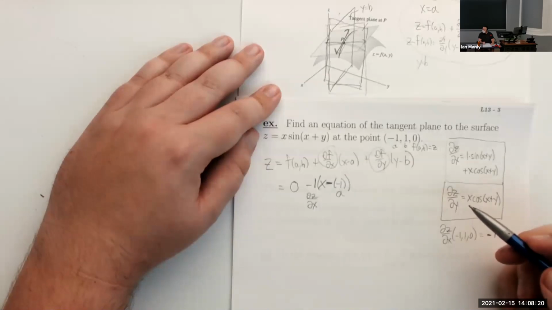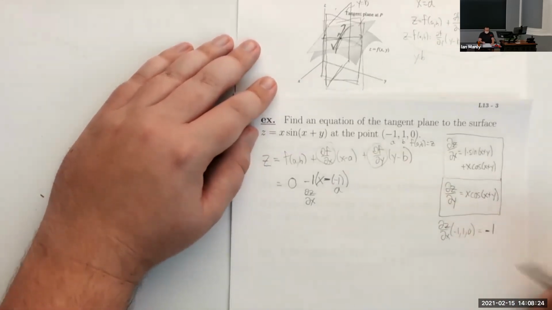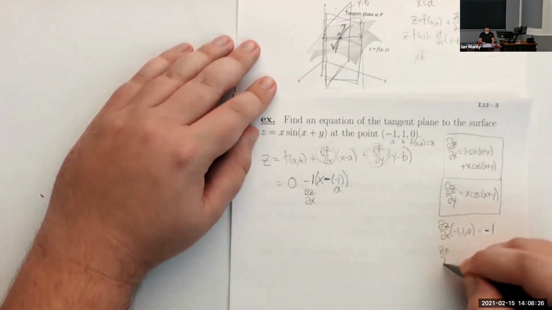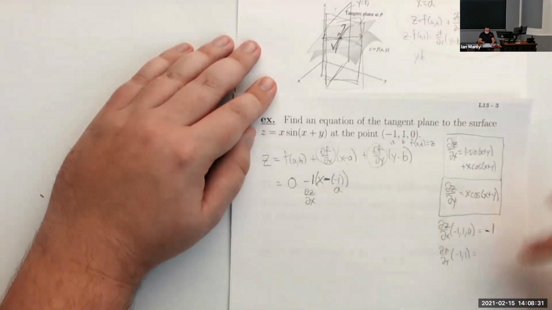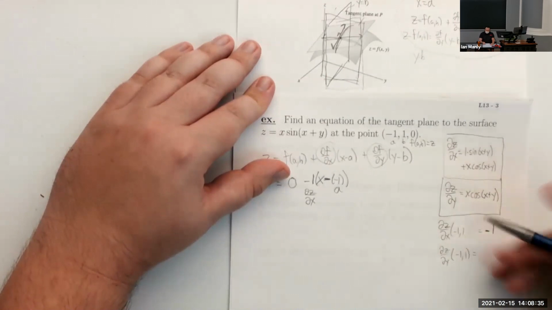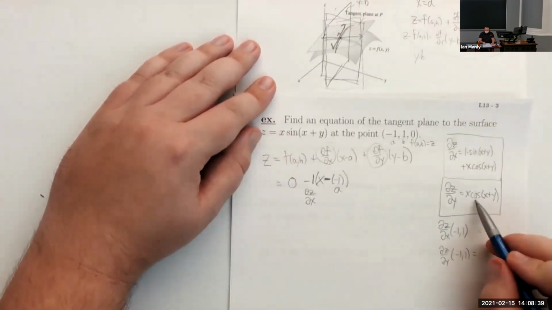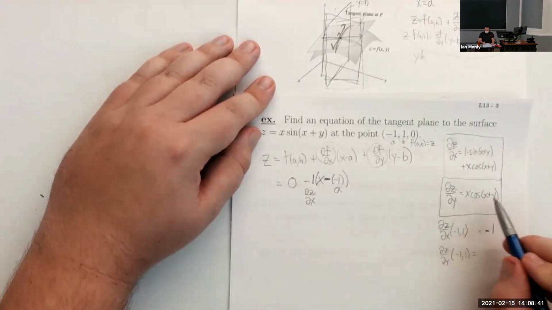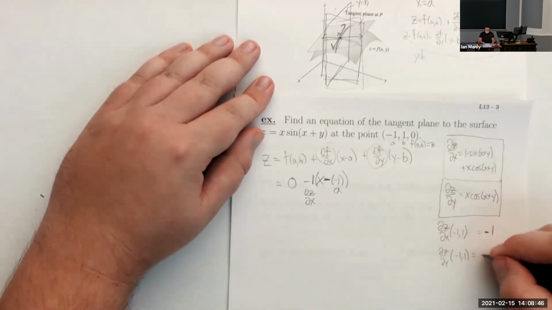All right, let's get partial f, partial y now at the particular point. So partial z, partial y, if we plug in -1, 1, I guess I didn't need to put the 0 here because we're just plugging in x and y values for this. So if I plug in -1, 1 into here, I have negative cosine of 0, so I have -1 for that too.